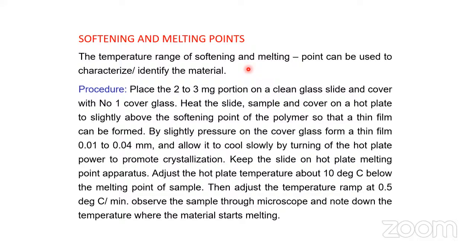Polyethylene has a lower melting point than polypropylene. So by identifying the melting or softening point of your polymeric material, you can identify the type of polymer, correct?